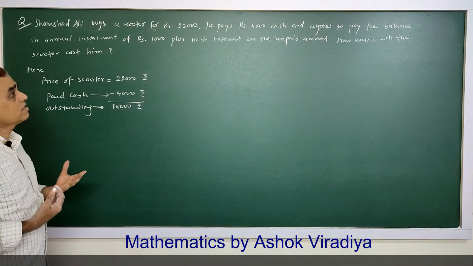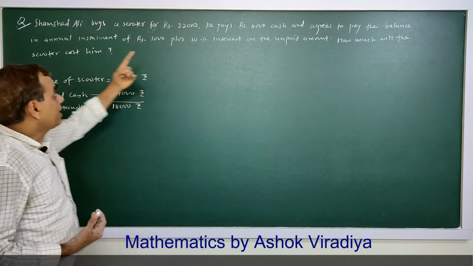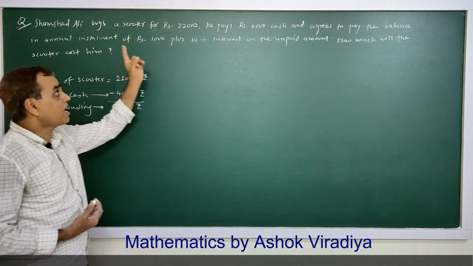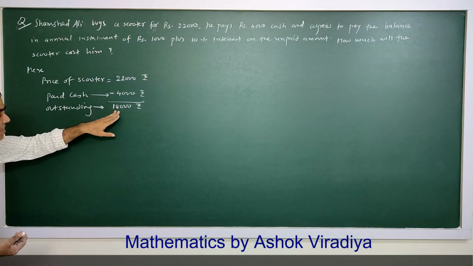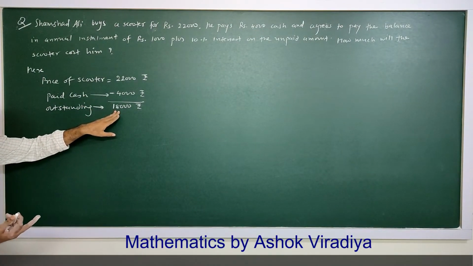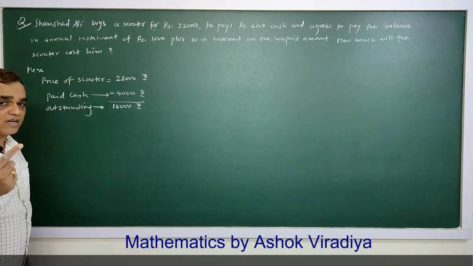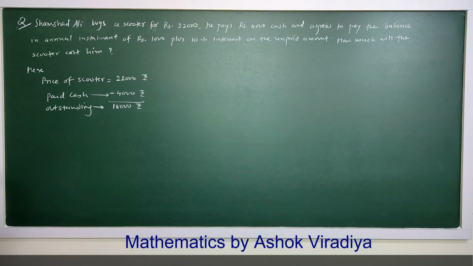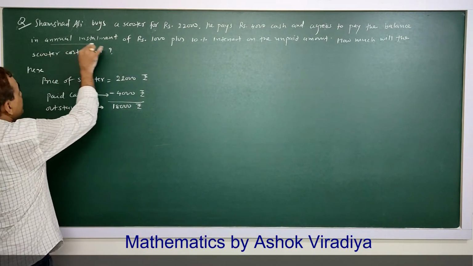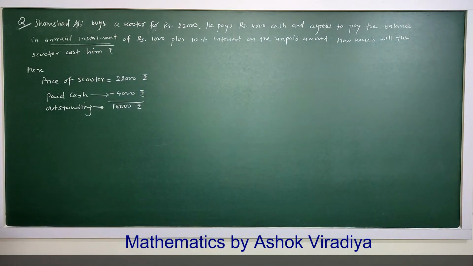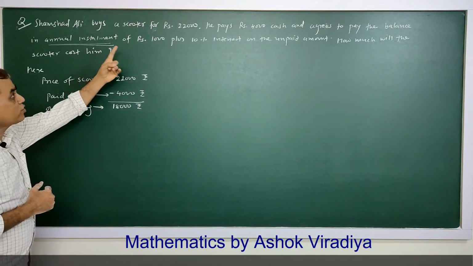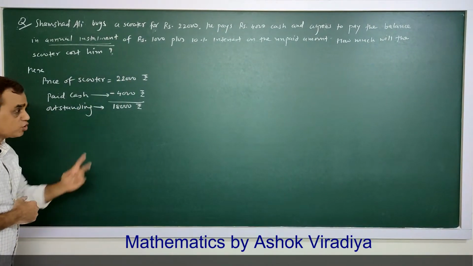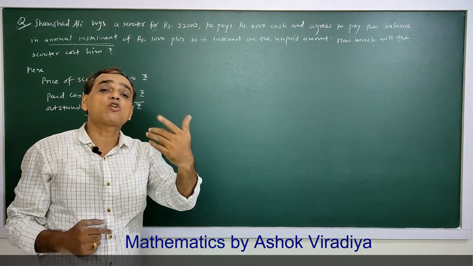The method is he agrees to pay the balance in annual installments of rupees 1,000 plus 10% interest. So the 18,000 will be divided into 18 installments of rupees 1,000 plus 10% interest.